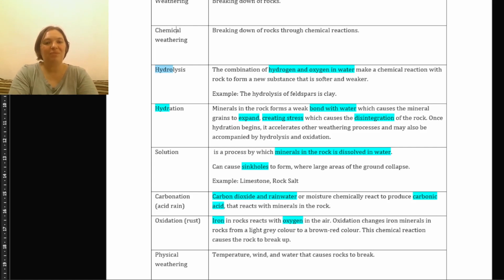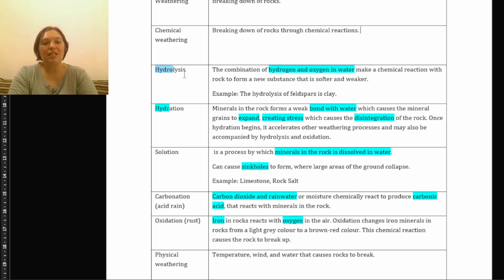Chemical weathering is when rocks break down because of chemical reactions. So the first one here is hydrolysis. I highlighted this "hydro". Hydro has to do with water.